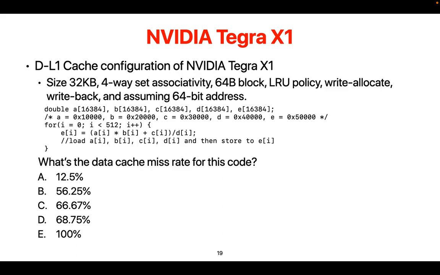How many times in your life have you ever cared about your cache configuration when you write code? No, right? But this example tells you it's actually important. If you have a processor like Tegra X1, this code looks elegant and easy to understand, but it's terrible because everything is a cache miss.